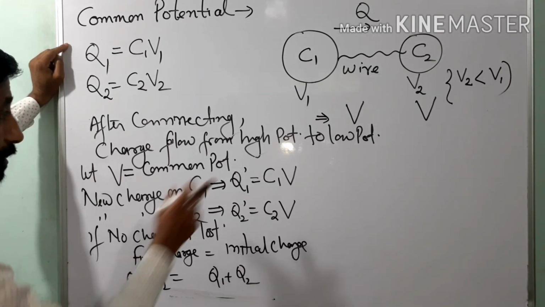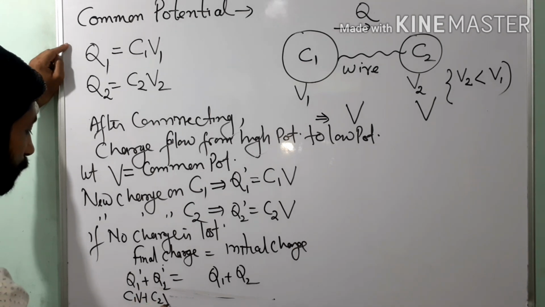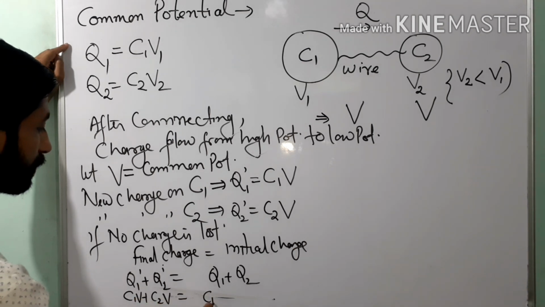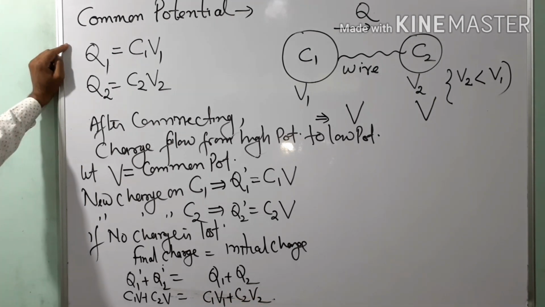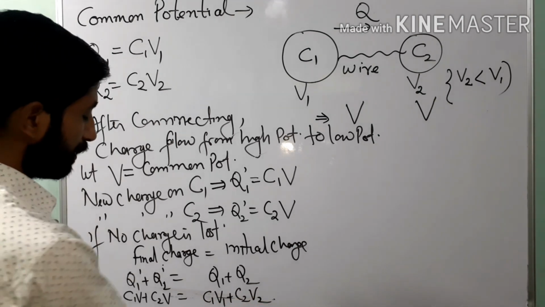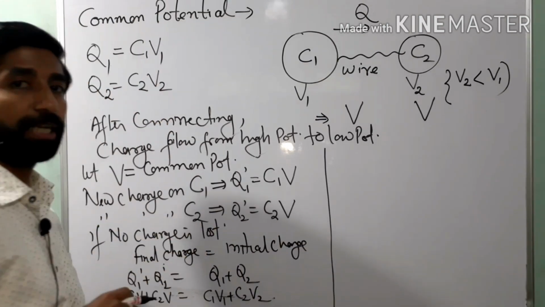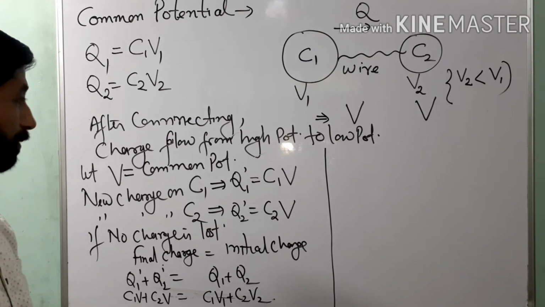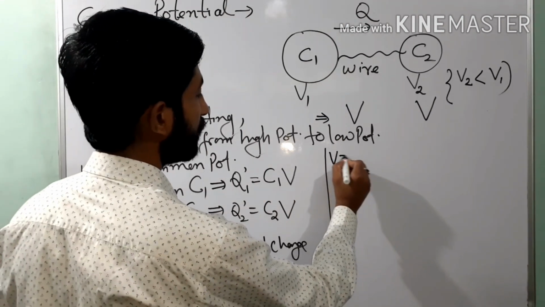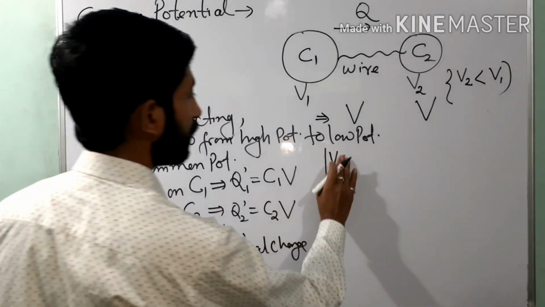Now put the values: C1V plus C2V is equal to C1V1 plus C2V2. This is the condition for no loss of charge. This is so far quite easy. Now V is common, so let's solve.